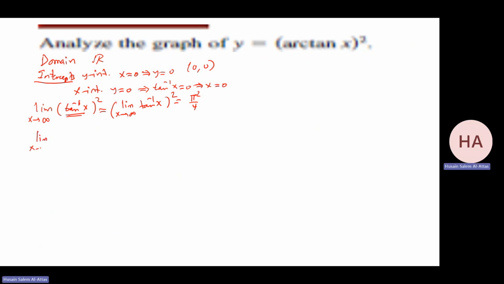The limit as x goes to minus infinity is also pi squared over 4.